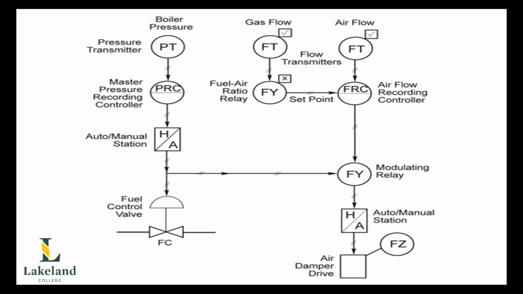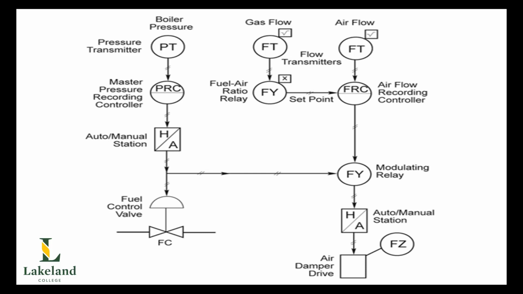Once again, you will also note that both flow transmitters have square root extractors on, and they are there for the same reason as we discussed in the previous objective. The fuel flow, i.e. the gas flow, outputs through to a fuel-air ratio relay that is then going to be inputting into the FRC, which is a flow recording controller.